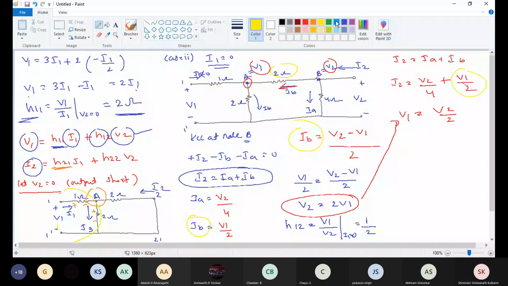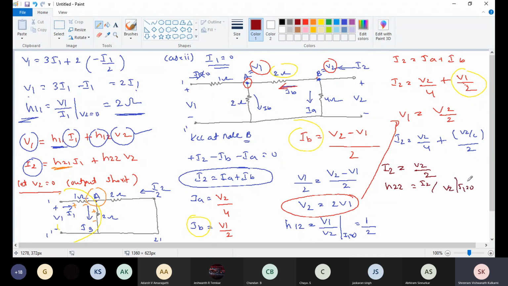Finally I2 equals V2 by 4 plus V2 by 2 divided by 2, so I2 is equal to V2 by 2. That is nothing but my H22, that is I2 by V2 when I1 equals 0. I get this as 1 by 2 mho. H22 is 1 by 2 mho.